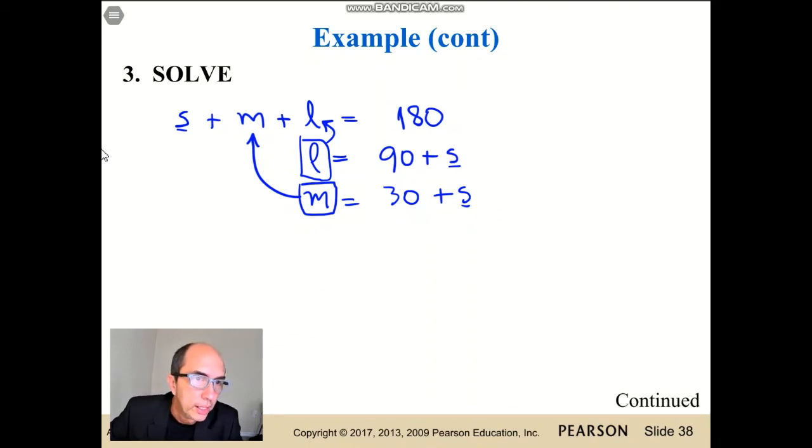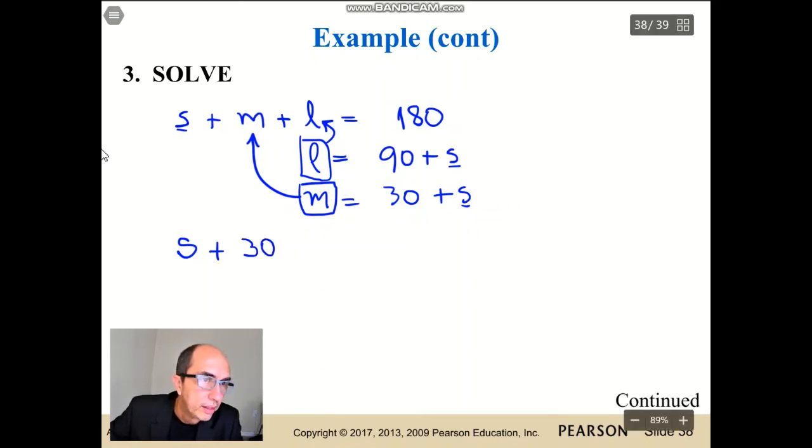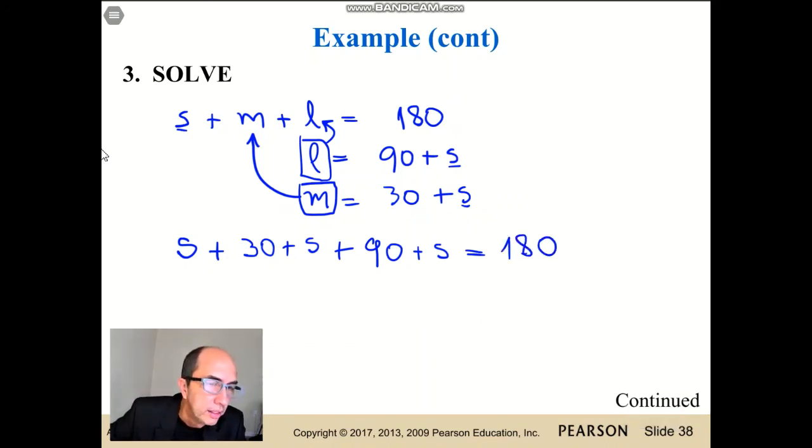So let's write here: S plus M, which is 30 plus S, plus L, which is 90 plus S. Adding all together, we're going to have 180. Next step, combine like terms.